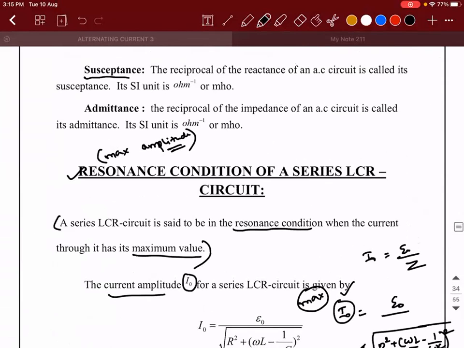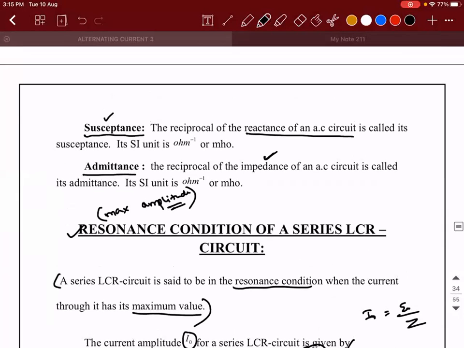Just certain terms for you to remember. There is something called as susceptance. Susceptance means the reciprocal of the reactance of an AC circuit. And there is something called as admittance. The reciprocal of impedance of an AC circuit is called as its admittance. See, we have something called as resistance and conductance, right? So if resistance is R, then conductance will be G. What is G?